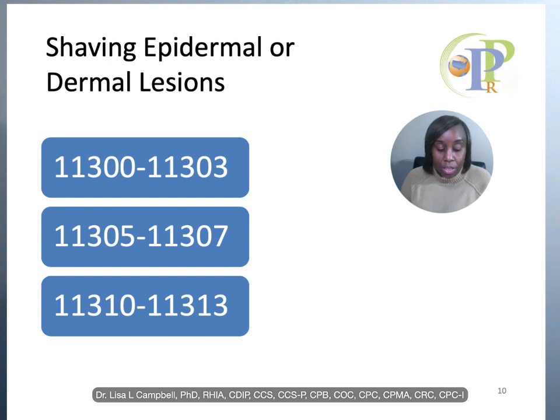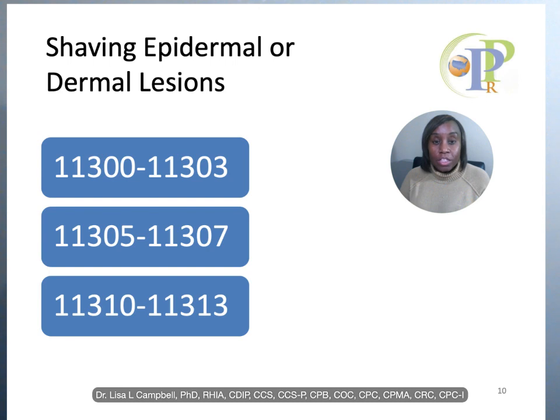The next family, 11305, that's for scalp, neck, hands, feet, and genitalia. And then 11310, notice that is for face, ears, eyelids, nose, lips, mucous membrane.